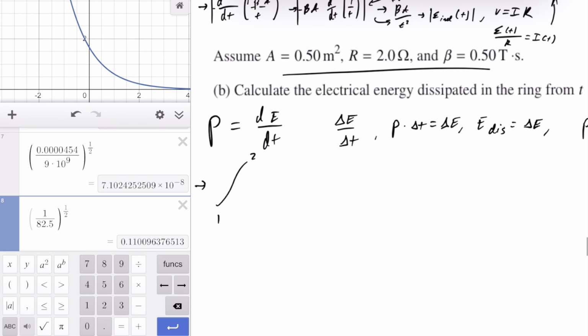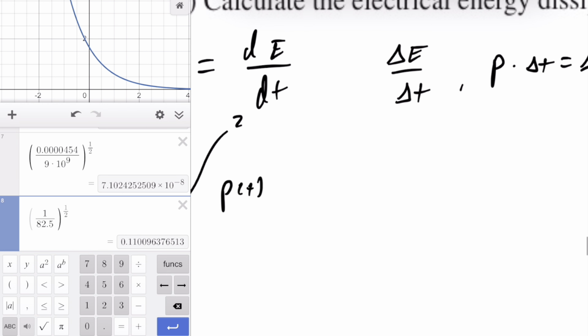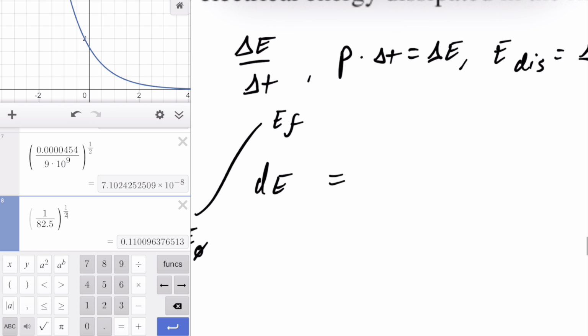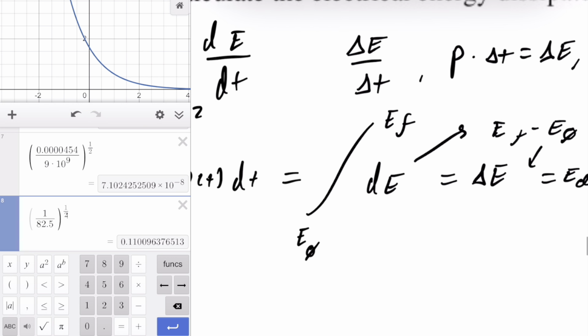And now my power as a function, P of t dt, has to equal the change in energy, E initial to E final, dE. And that's actually going to be equal to delta E, because this integral will be E final minus E initial, which is the change in E, which is the E dissipated, the electrical energy dissipated.